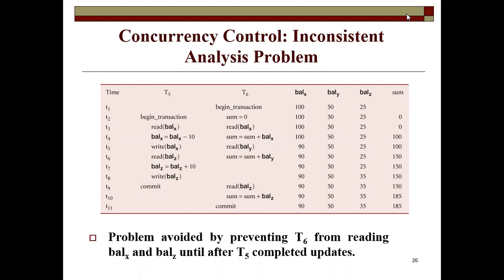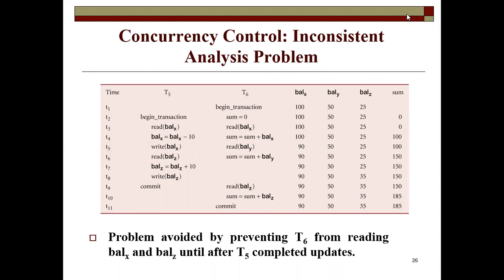At time T1, we are beginning the transaction T6, and the balance of X is 100, the balance of Y is 50, and the balance of Z is 25. At time T2, transaction T5 is starting, and in transaction T6, we declare the sum to be 0. For the start, it's 0.